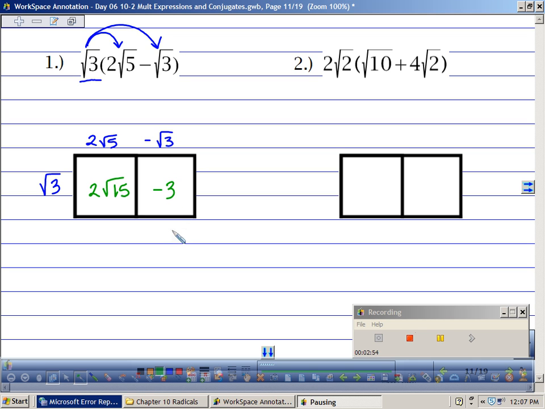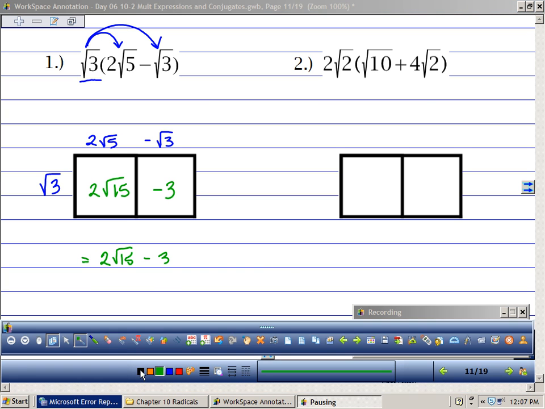Negative 3. Good job, guys. You see why? Root 3 times root 3, that's just like rationalizing the denominator, right? If it has the same root, and we multiply it by itself, it becomes root 3 squared, or just 3. So my answer to this one is 2 root 15 minus 3.